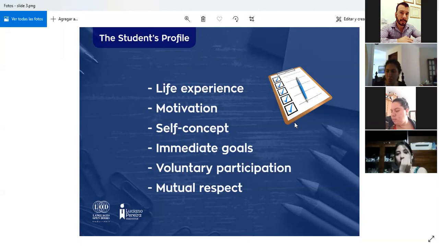So he came to us by his own will, okay? And the last point, mutual respect. Well, in general, adult students tend to be more respectful with us as teachers, and for the teacher figure as well.